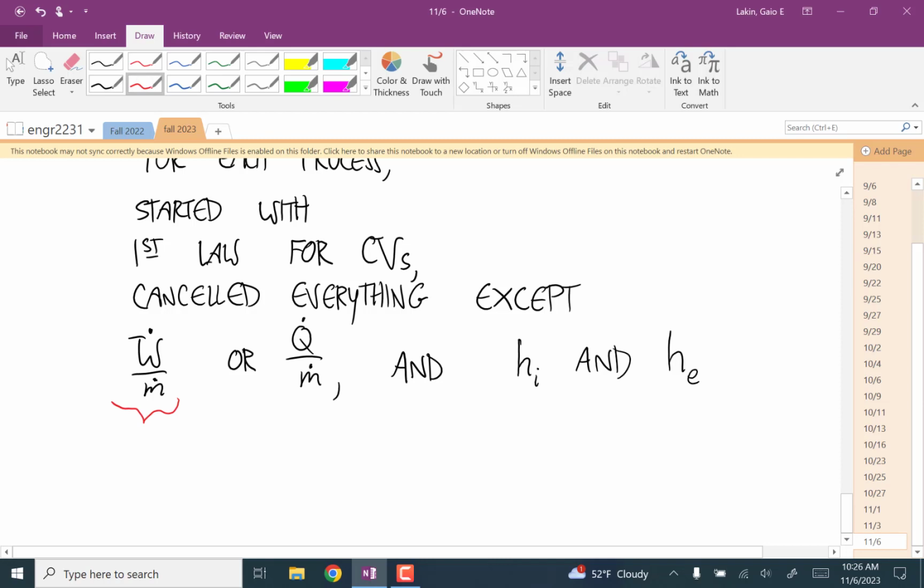The work was the one that we kept for the turbine and the pump, and the heat is what we kept for the boiler and the condenser.